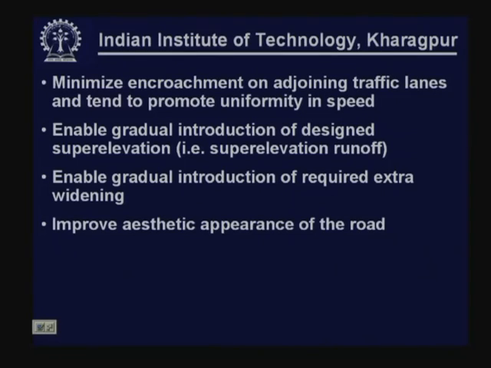Number 4, you are already familiar with the need and the method of providing superelevation. Superelevation, or the rotation of pavement from the normal cambered section to the required cross slope, cannot be done instantaneously.